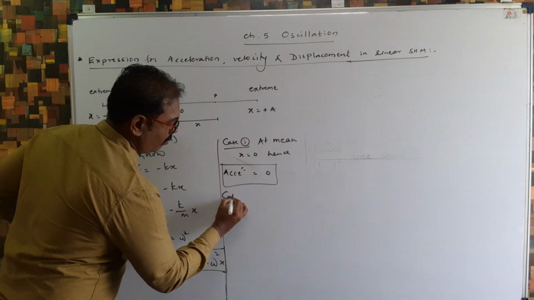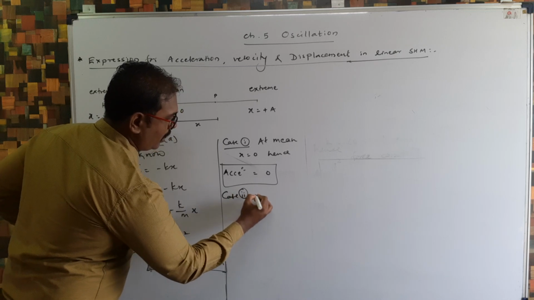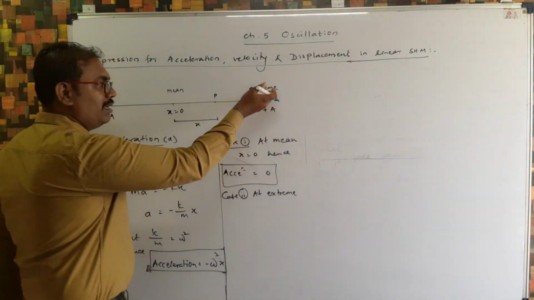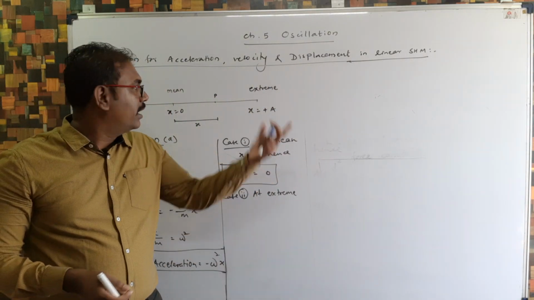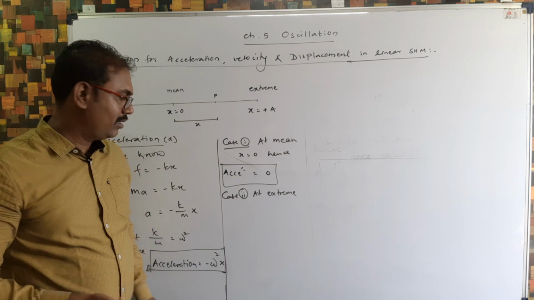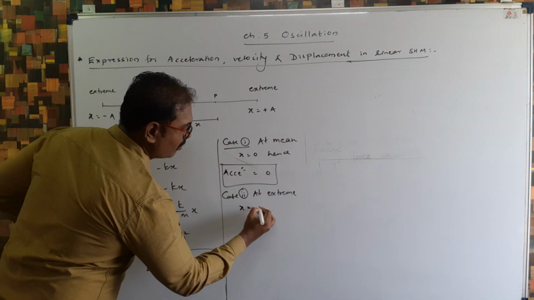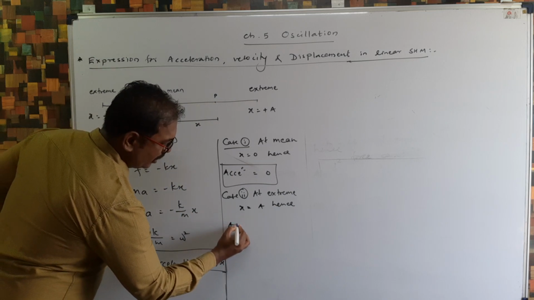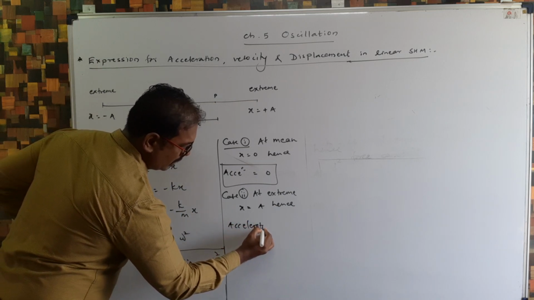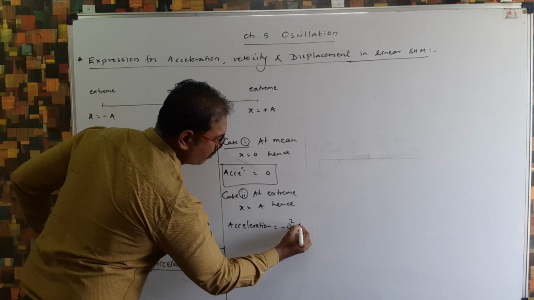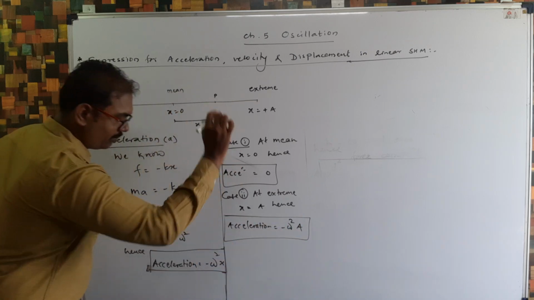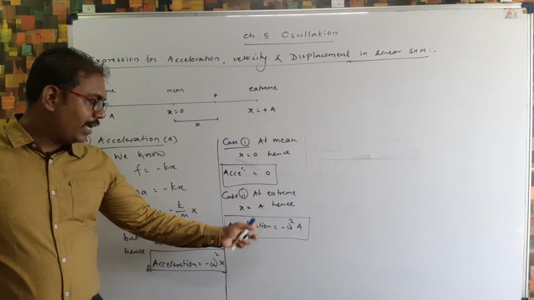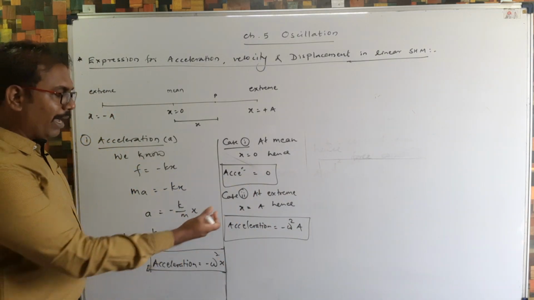Case 2. At extreme. So at extreme, I consider positive extremity here. At extreme, x is A. So x is equal to A. Hence, we can write acceleration is equal to minus omega square A. So instead of x I write A. So we get minus omega square A. And this is the maximum acceleration.